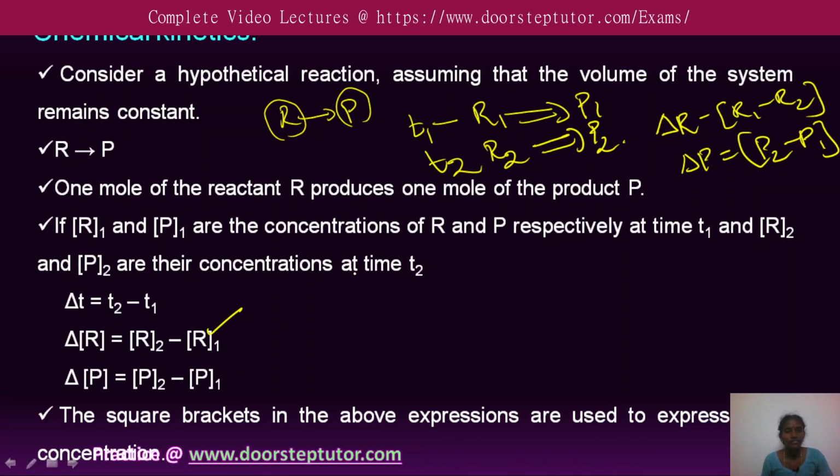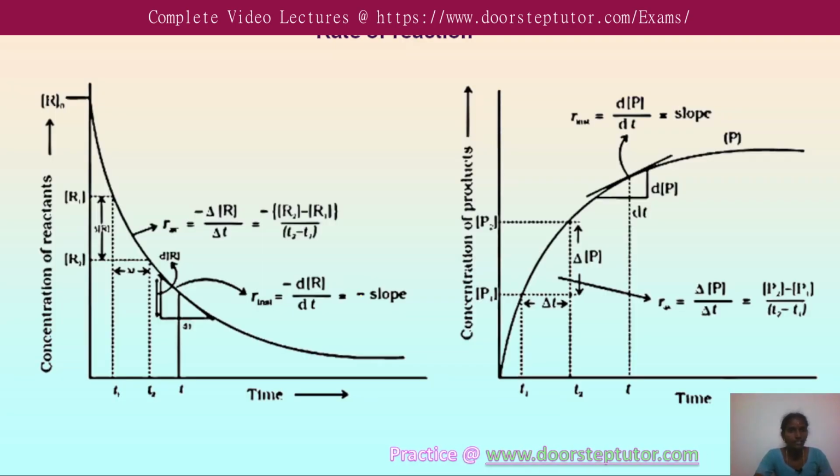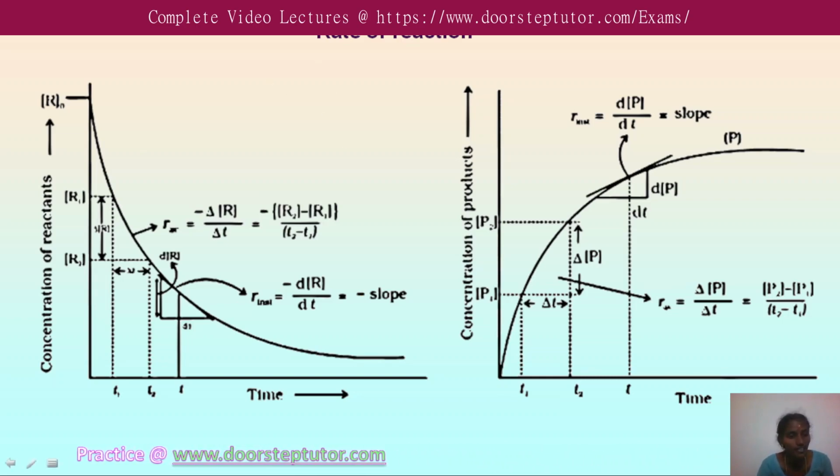And the variation in time, that is t2 minus t1, is known as del t. Always the reactant gets decomposed or disappears, whereas the product is formed, so the reactant rate is expressed with a negative sign, whereas the product rate is positive.